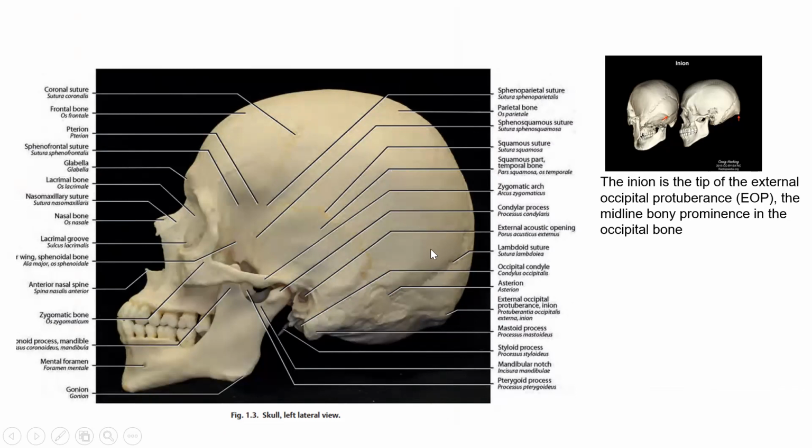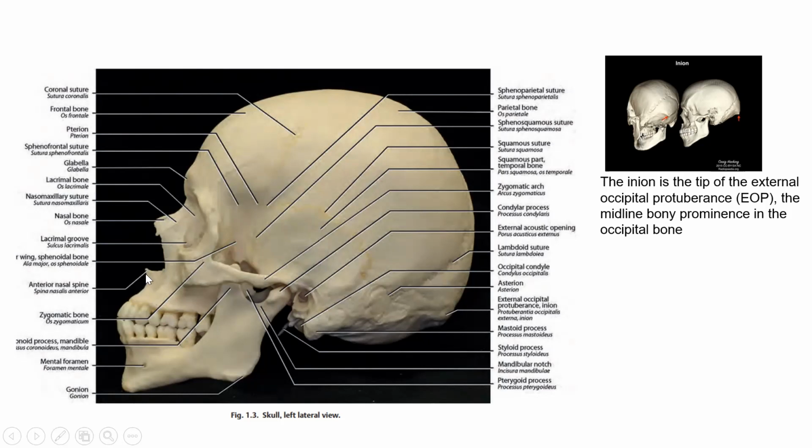These two parietal bones join the occipital bone, and this is the lambdoid suture, which is between both of these. This is the temporal bone, the squamous part of the temporal bone. And here you can see the sphenoid bone, the ala major, the greater wing of the sphenoid.